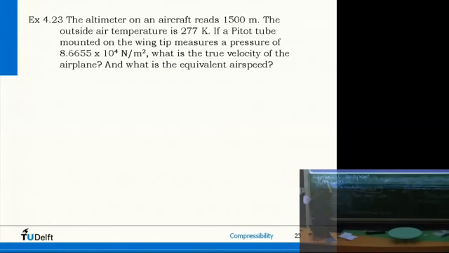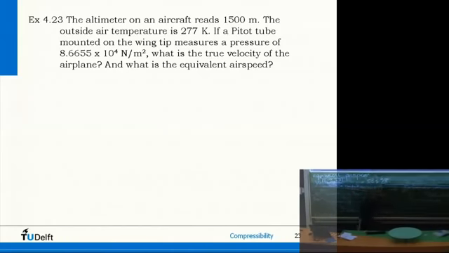If you put that in, so that is 1.225 kilograms per meter cubed, you find the equivalent airspeed of 58.5 meters per second.